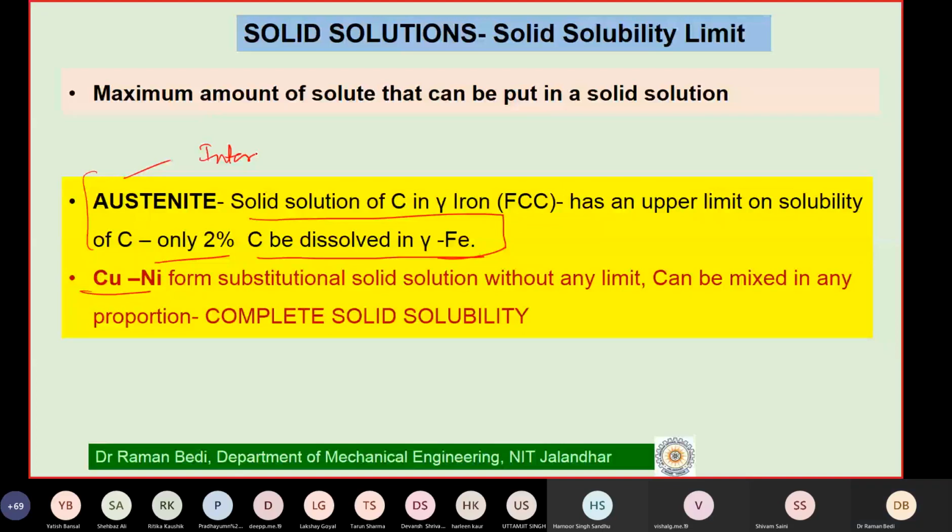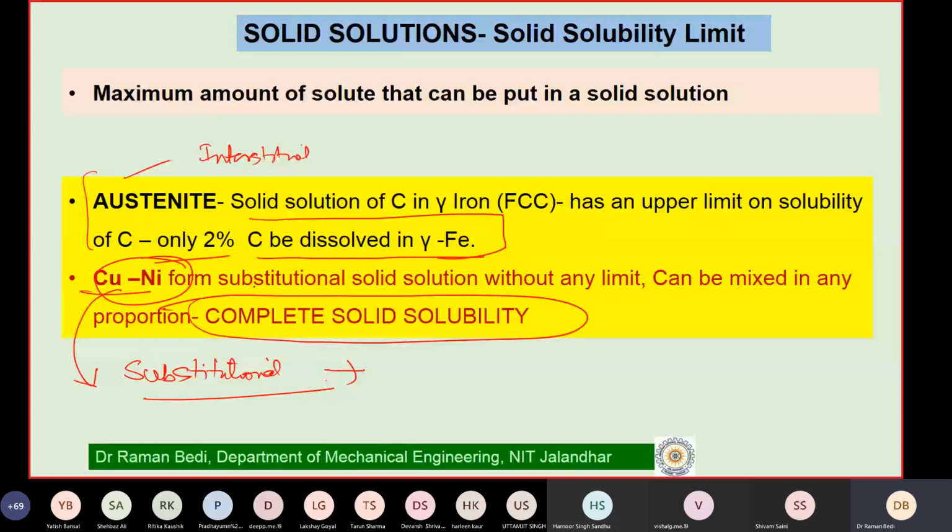So one difference that you observe between interstitial and substitutional solutions is the solubility limit. Most of your interstitial solid solutions will have limited solubility, whereas the substitutional ones can have unlimited solid solubility, meaning complete solubility. You can keep on adding them in any fashion, and they will still keep on mixing with each other.